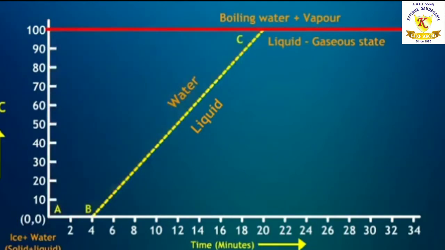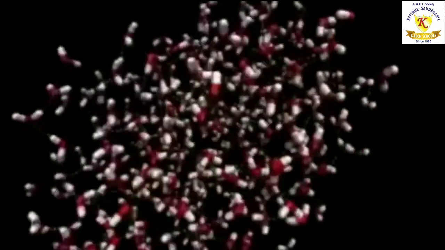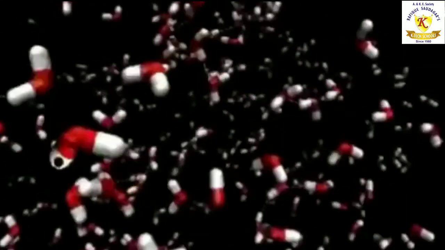Thereafter, even though heat energy is supplied to water, its temperature does not rise. The heat energy is absorbed by water at this temperature and used to break the bonds between the molecules of the liquid and convert the liquid into gaseous state.